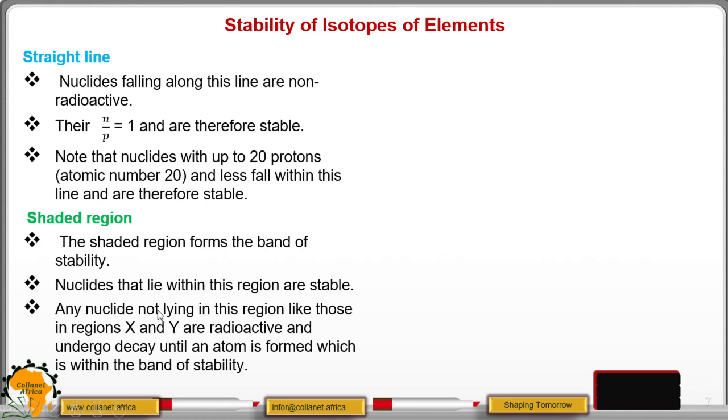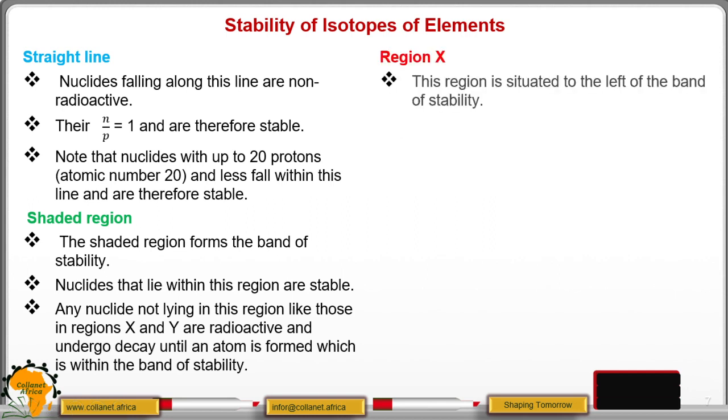So any nuclide that is not lying within the shaded region, like in the positions X and Y we have seen in our graph, undergoes decay, or in other words, is a radioactive substance, and has to disintegrate. As they disintegrate, we say that they are undergoing decay, and they disintegrate until they form a stable nuclide. That decay forms a new nuclide, and there is emission of particles. We are going to see later the particles that are emitted.